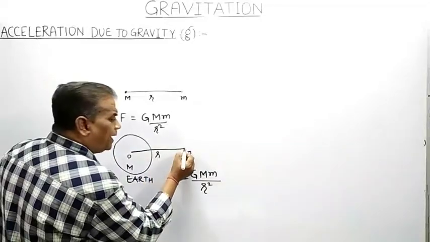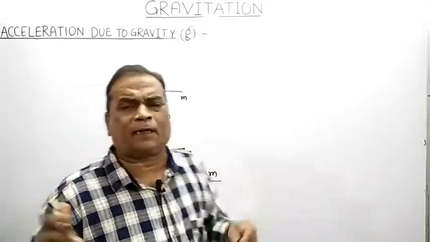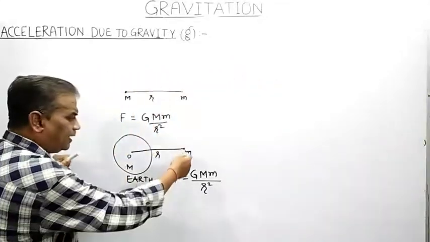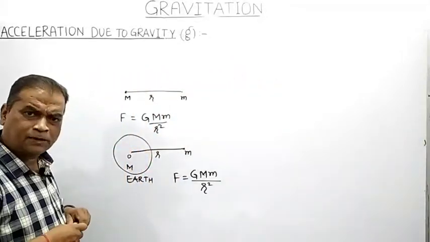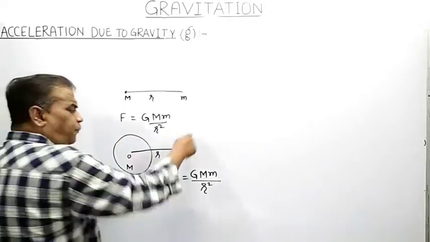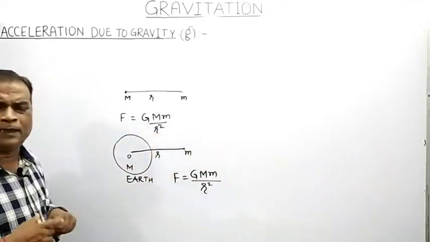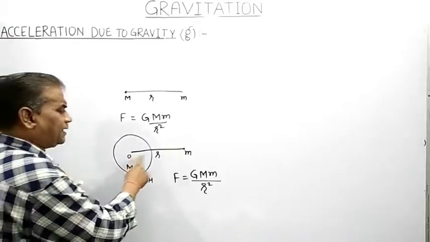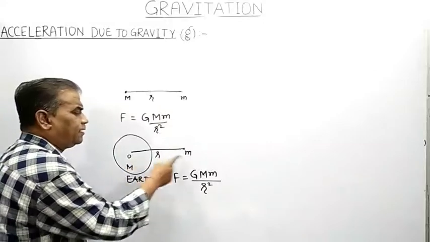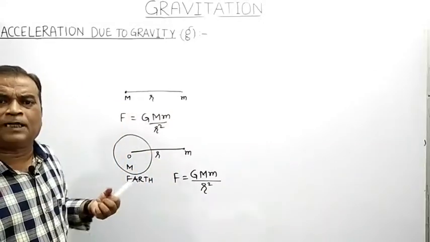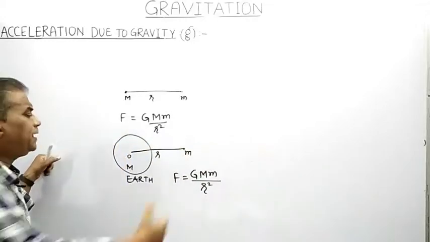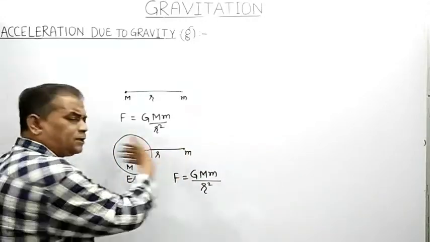If this point particle is not acted upon by any other force, meaning no force except this gravitational force exerted by Earth on that point particle, the only force acting on the particle is the gravitational force exerted by Earth. Then that point particle starts moving towards the Earth. It gets attracted towards the Earth.